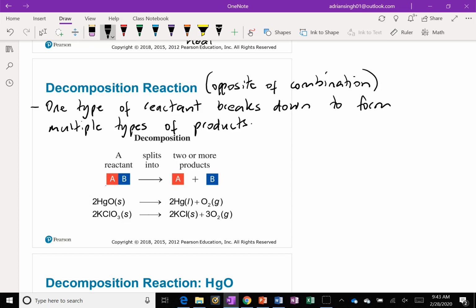Right, so generally we can say if we have our reactant AB, we're just going to split that into 2 or more products. We separate those, we end up making our A and B separately.